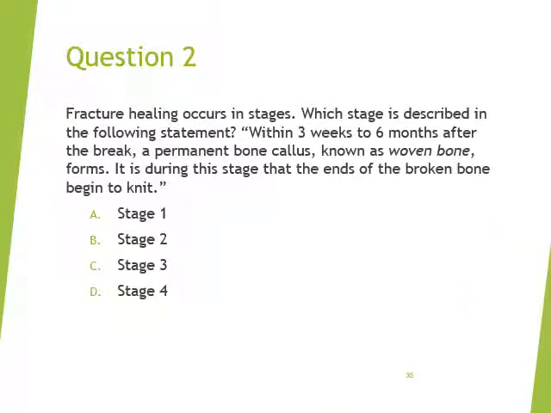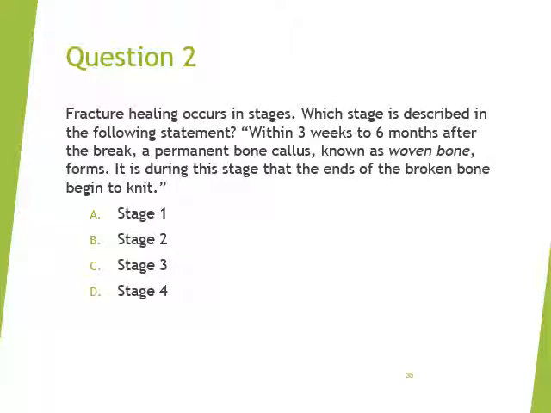Another question. Fracture healing occurs in stages. Which stage is described in the following statement? Within 3 weeks to 6 months after the break, a permanent bone callus, known as woven bone, forms. It is during this stage that the ends of the broken bone begin to knit.